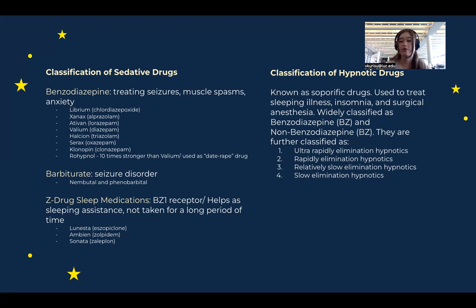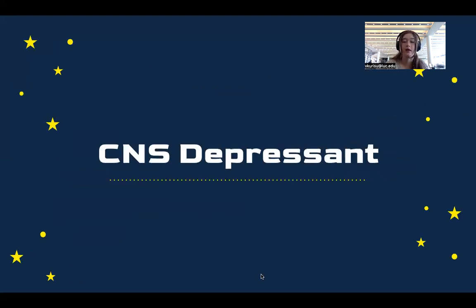The elimination has to do with how long the drug lasts and the half-life until it is excreted from the body. And also, it is a CNS depressant.